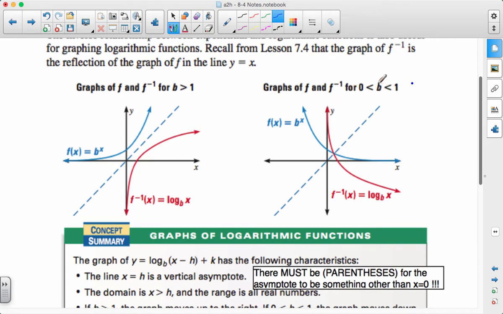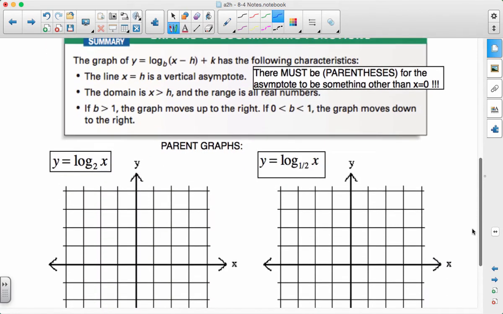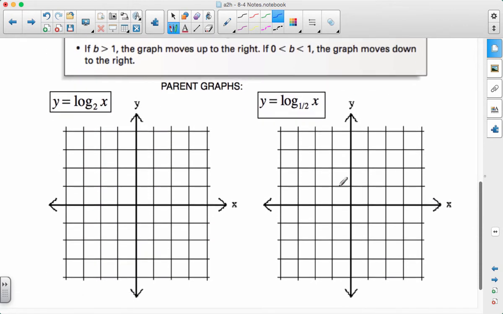Or if your base is between 0 and 1, let's say a fraction, log base a fraction, then it'll descend along a vertical asymptote and curve over this way. Those are the two situations. So let's do the parent graph again.